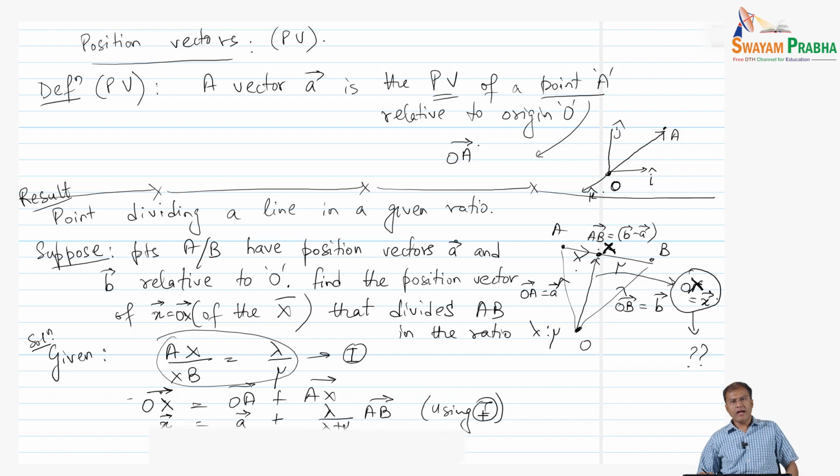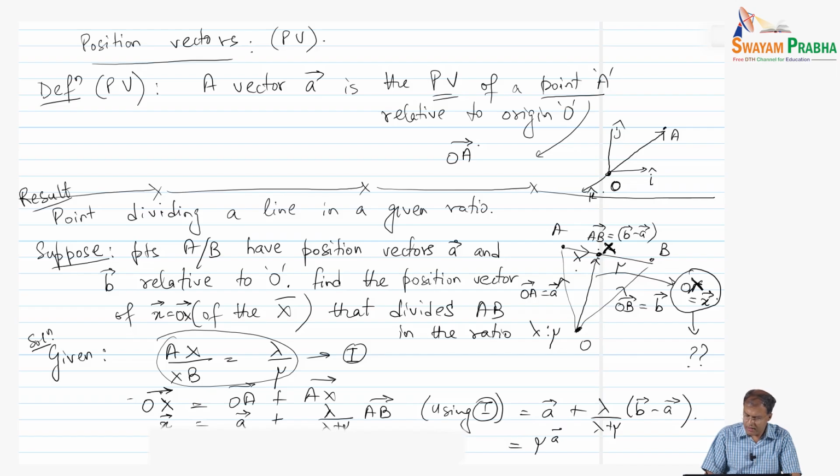Now x is A plus lambda divided by lambda plus mu times the vector AB, which is nothing but B minus A. From here we can simplify and we get x equal to mu A plus lambda B divided by lambda plus mu.